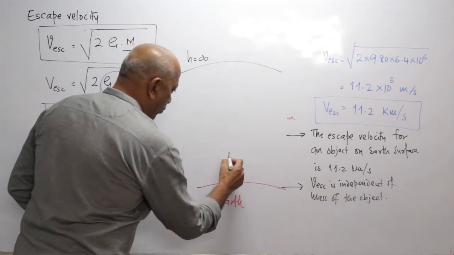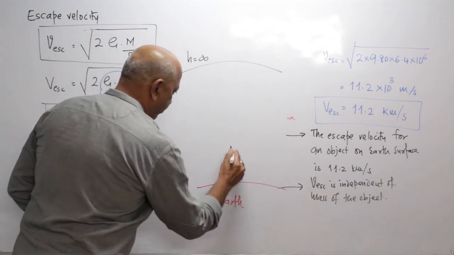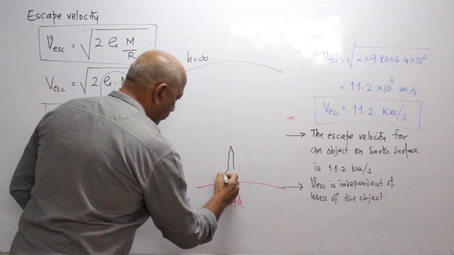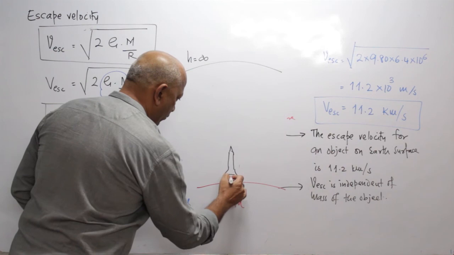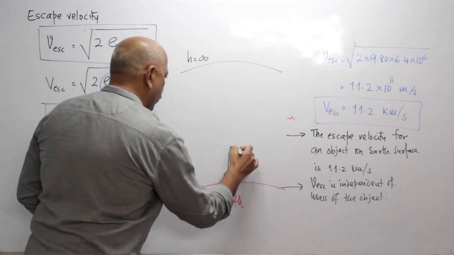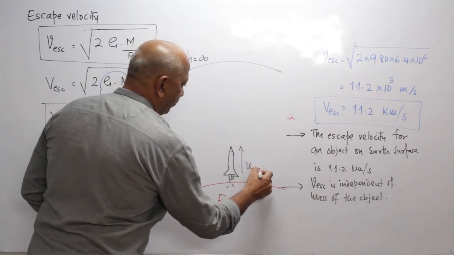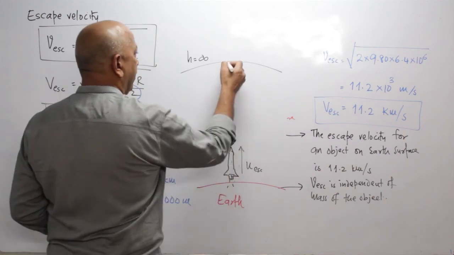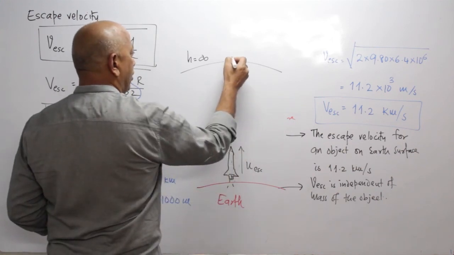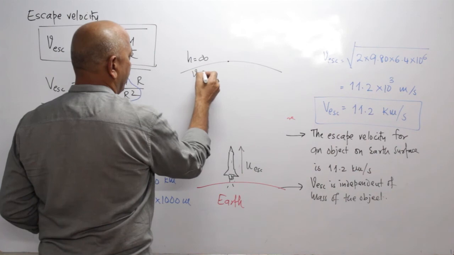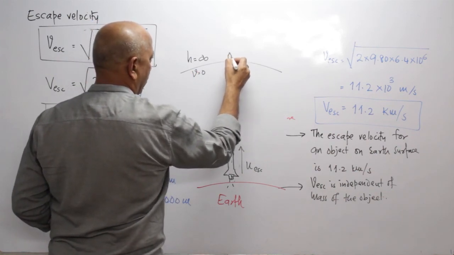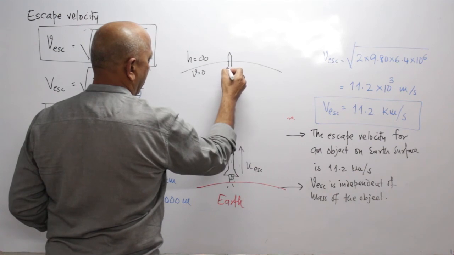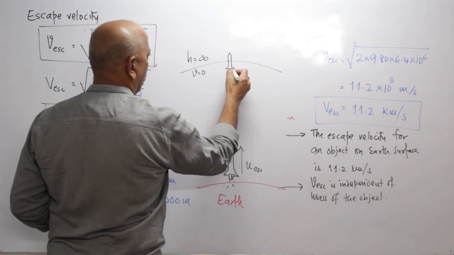So here you have to launch with V escape, it will go here and here the velocity will become 0. It will not go beyond.